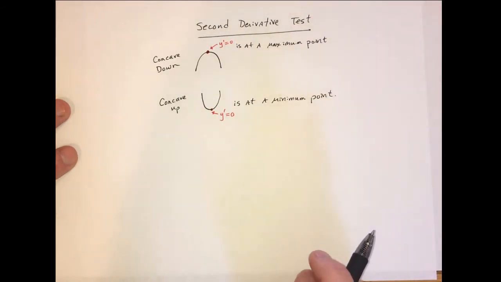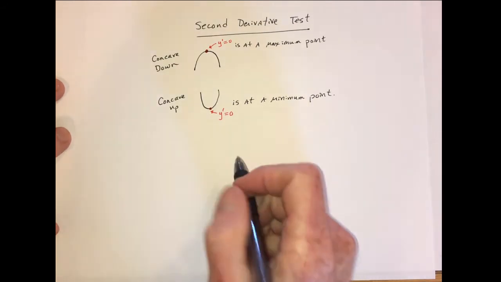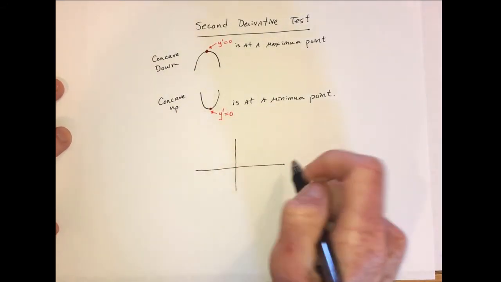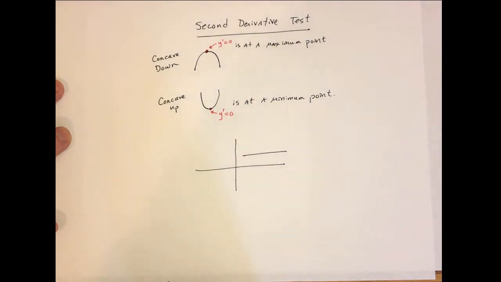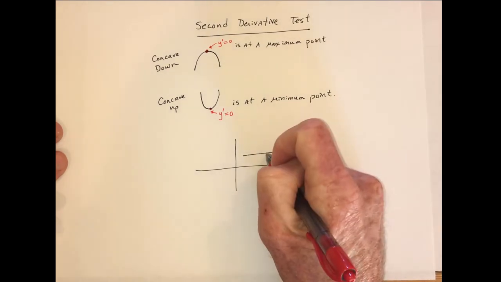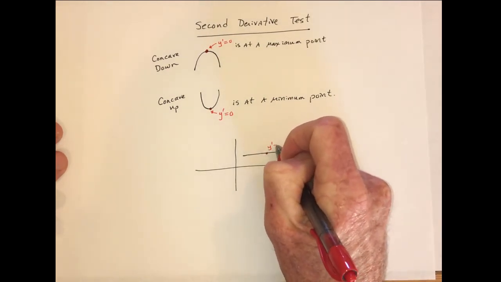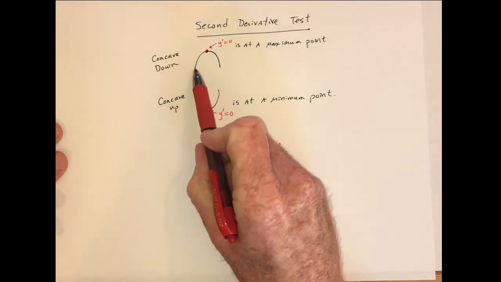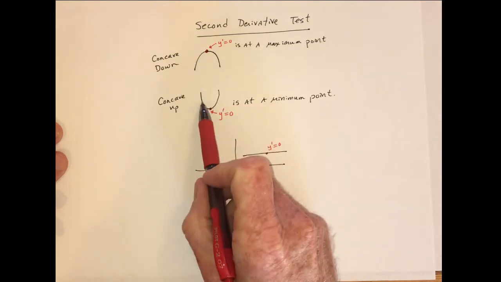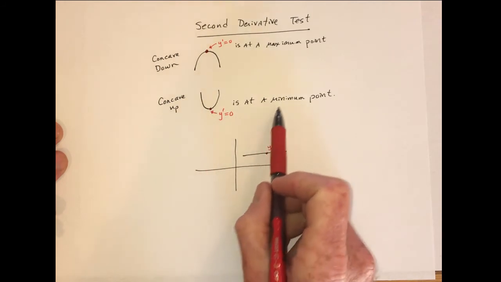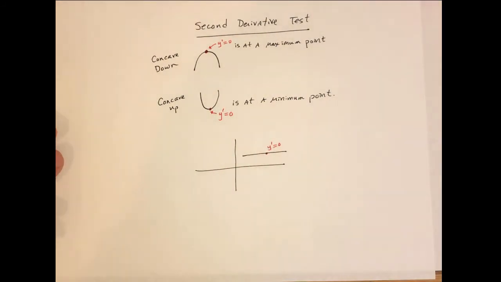Now, you don't always have to use this theorem, but there are going to be times when you look at the graph of the function and it looks like this. And you found out that the derivative equals 0 right here. So if it looks like this and it's obvious that that's at the top of the hill or this is at the bottom of the valley, then you could pretty much see where the minimums and maximums are.